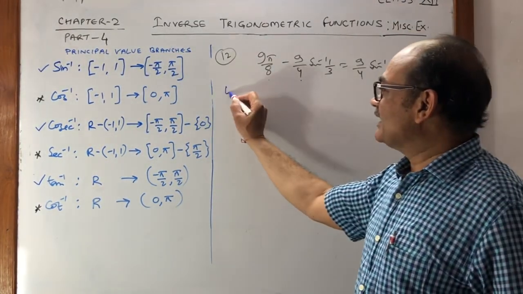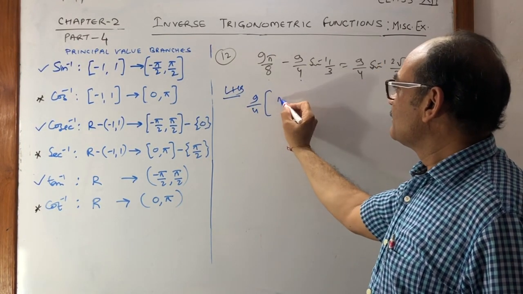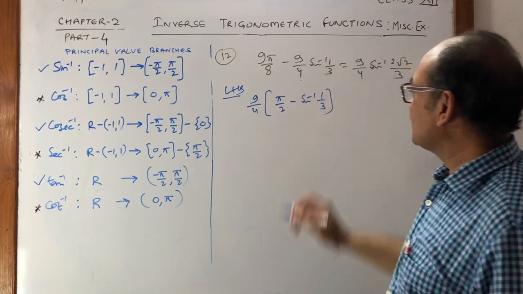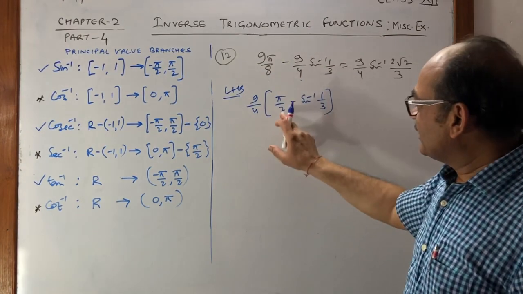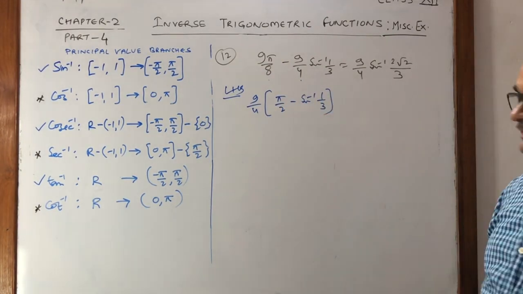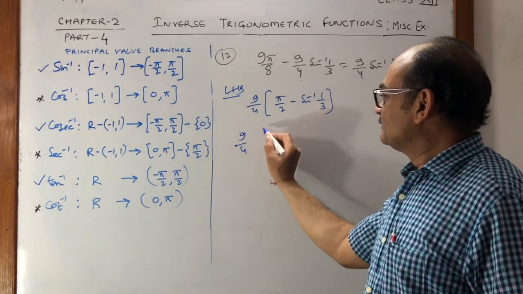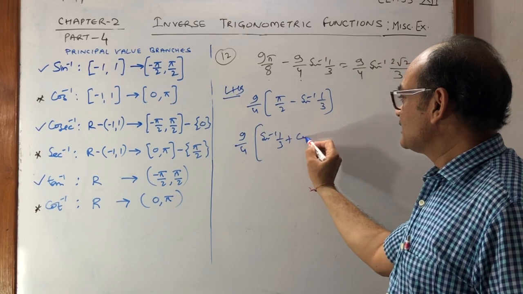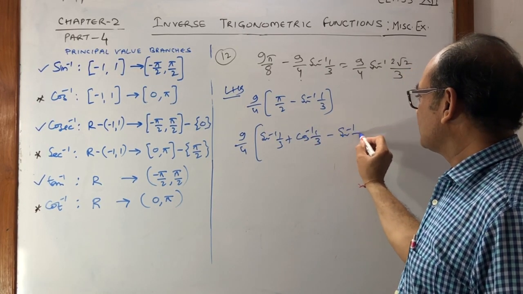So starting from LHS, 9 by 4 is common, pi by 2 minus sin inverse 1 by 3. This pi by 2 I will write in the form of sin inverse 1 by 3 plus cos inverse 1 by 3, minus sin inverse 1 by 3.